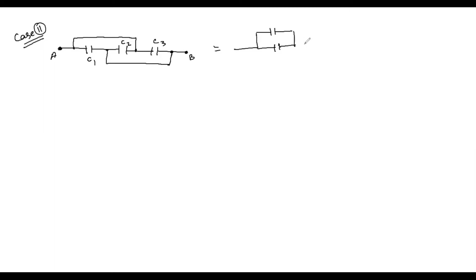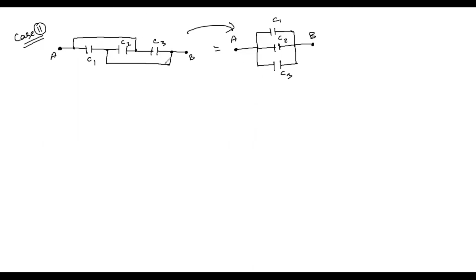Since different currents are flowing through these three different capacitors, this entire circuit can be redrawn into this form. Okay. So you can connect all these three capacitors into parallel connection. Okay. So this circuit diagram is completely equivalent to this circuit diagram.